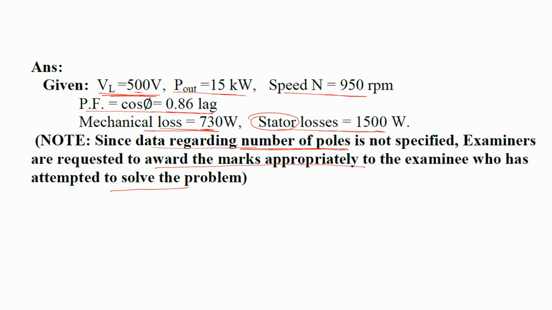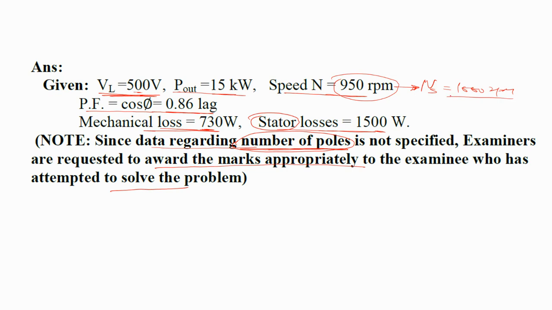So for this numerical, we will consider synchronous speed. The rotor speed is given as 950 rpm, so we will consider the synchronous speed ns which is near to 950. Synchronous speed near to 950 is 1000 rpm.